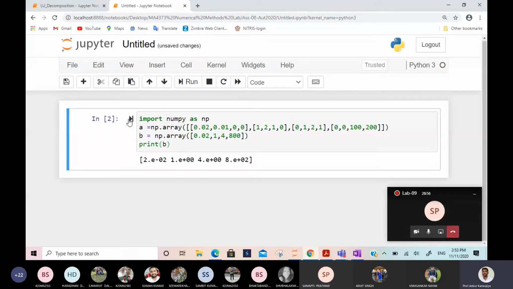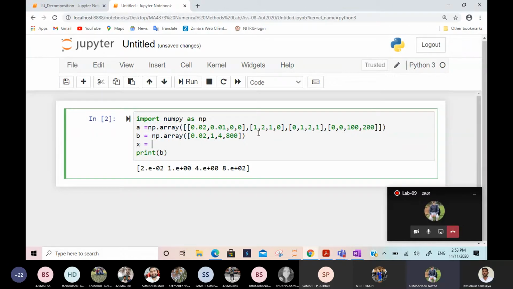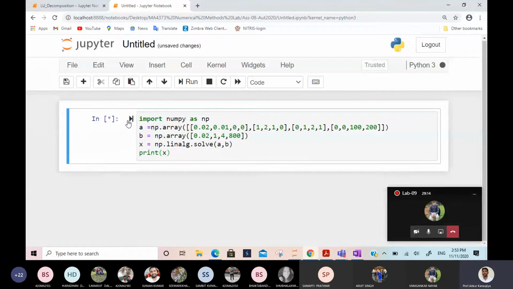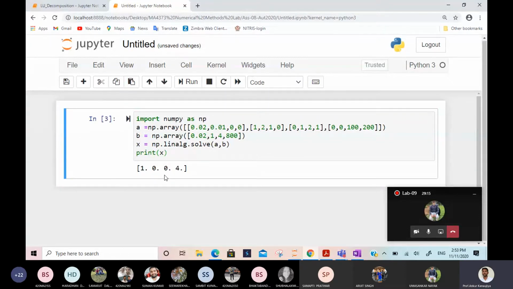Just, can anyone tell? linalg.solve. A comma B, right? Yes, sir. And if you print X, it will give the value of X, 0 0 4, which is exactly the same as whatever is given here.